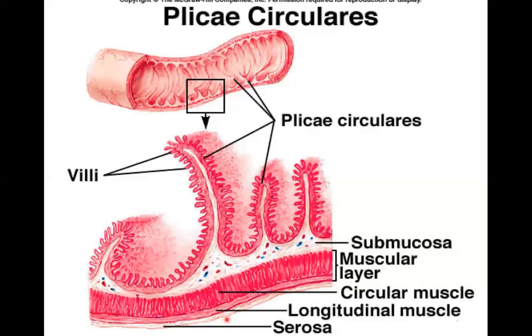The villi increase the surface area 10 times more. The microvilli increase the surface area 20 times more. Collectively, the surface area of the small intestine is increased up to approximately 400 times more. All this is to increase the surface area of the small intestine.